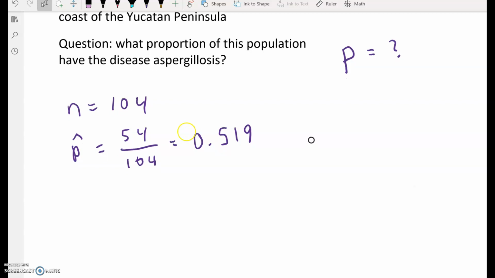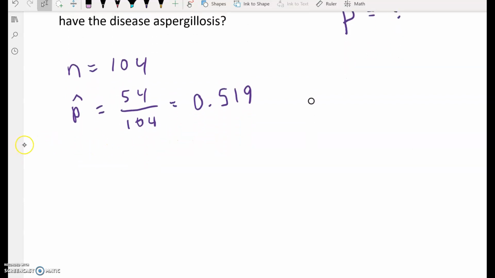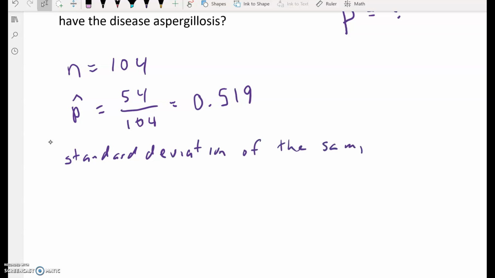All right. Now, in the last chapter, here's what we also knew. We knew the standard deviation of the sampling distribution. I know it's a huge mouthful.